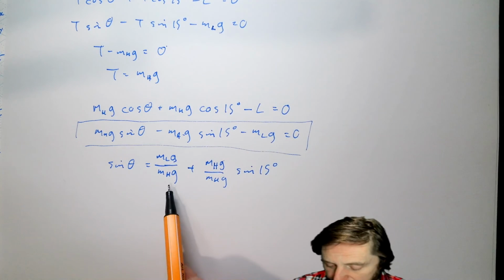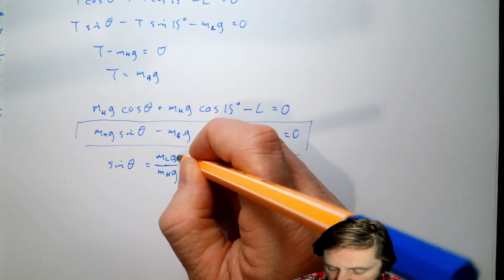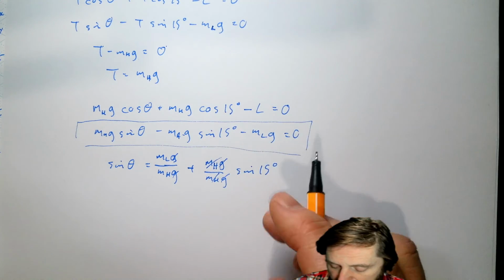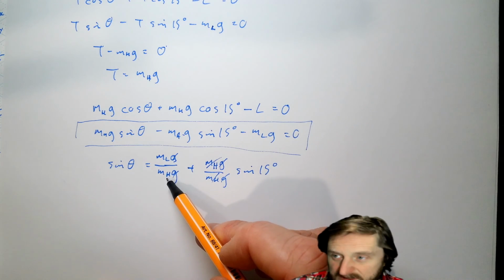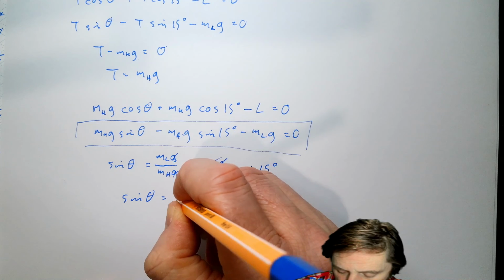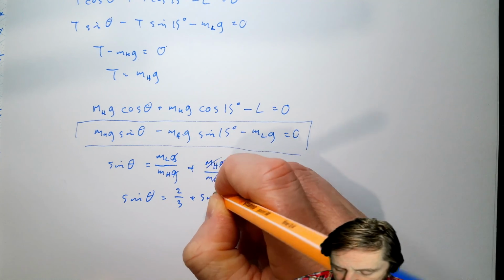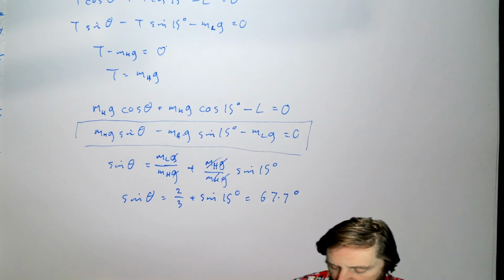We can see that actually these g's are going to cancel, this m_H is going to cancel. m_L is 4 kilograms, m_H is 6 kilograms, so this simplifies really nicely to 2/3 plus sine 15 degrees. If you put all that in, you're going to get 67.7 degrees.